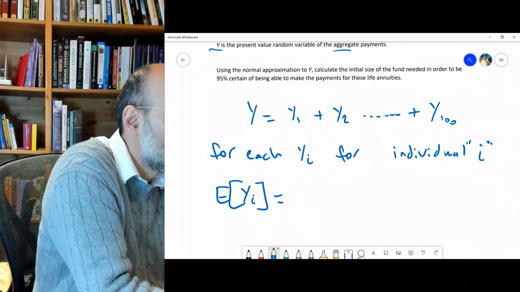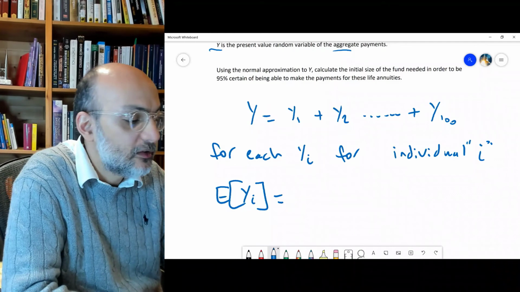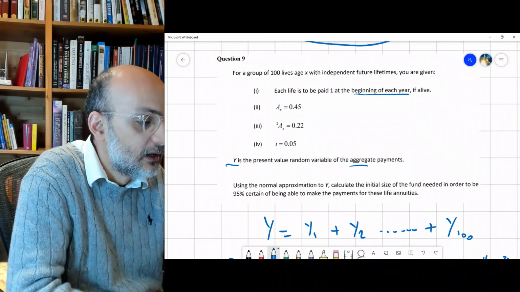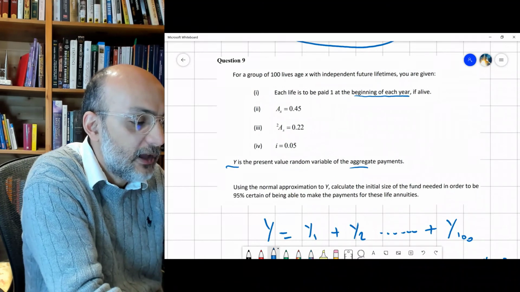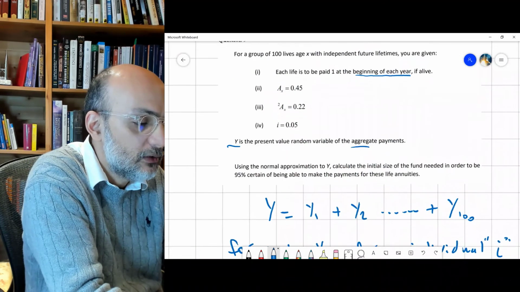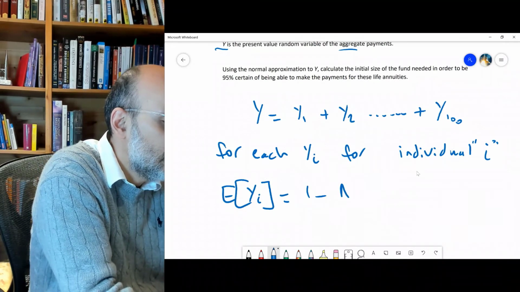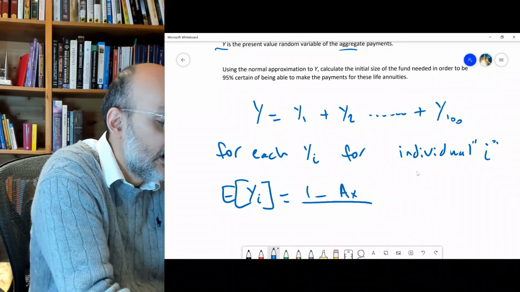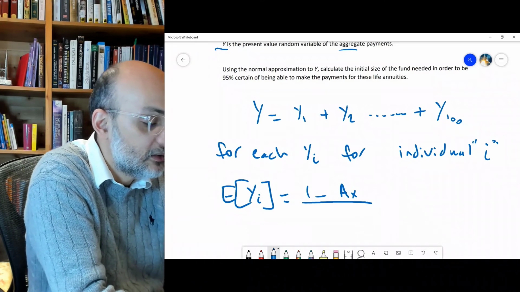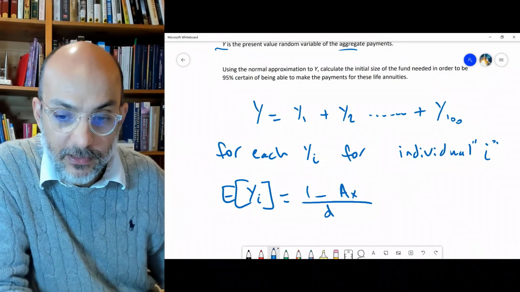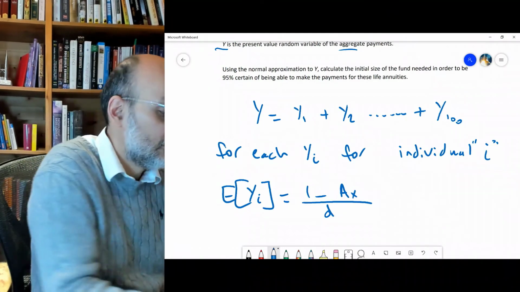for one individual, this is easy because this is like a life annuity, right? What's the expected value of a life annuity? We know it. You have Ax, so it's easy. It's 1 minus Ax, and given that this is discrete, we divide it by d, right? So it's one life annuity here. It's not difficult, right?